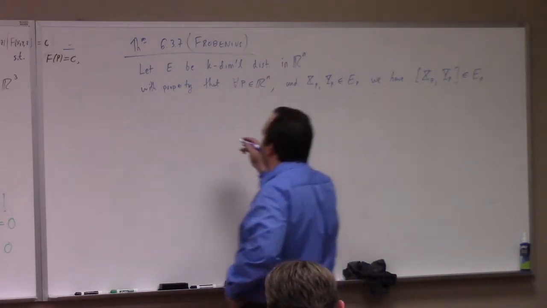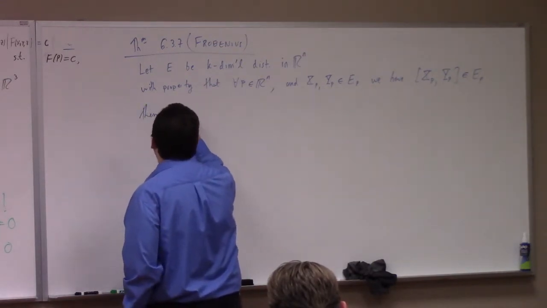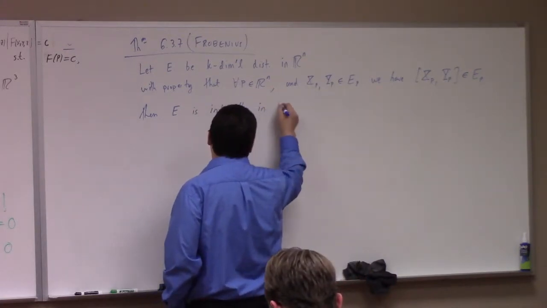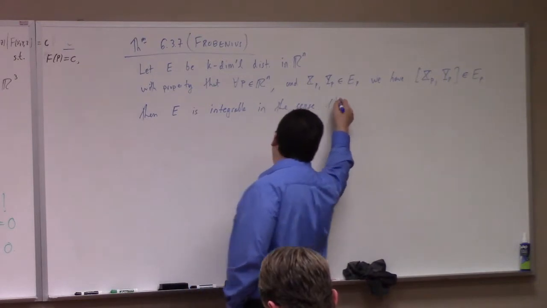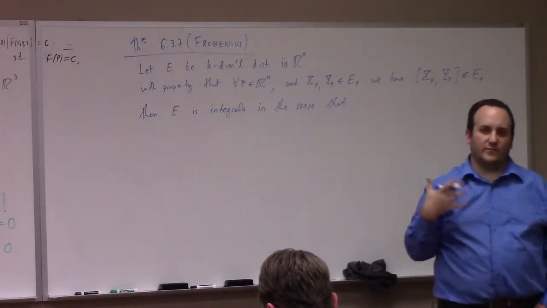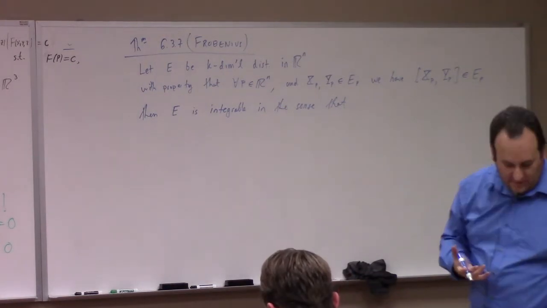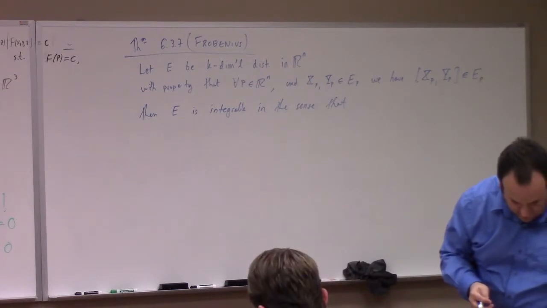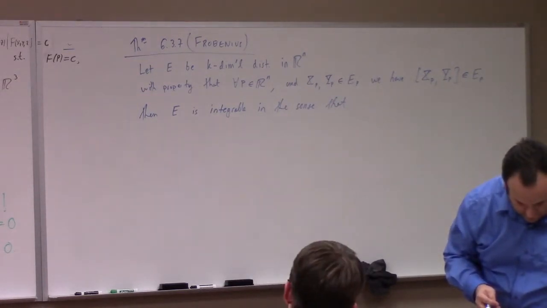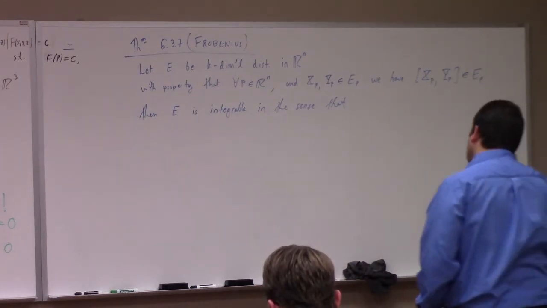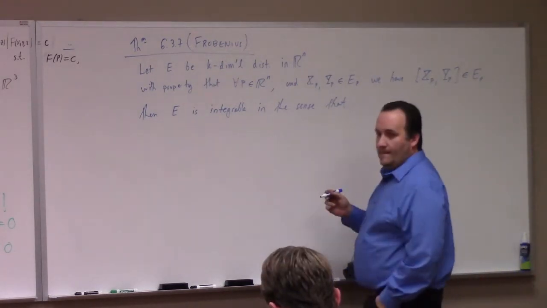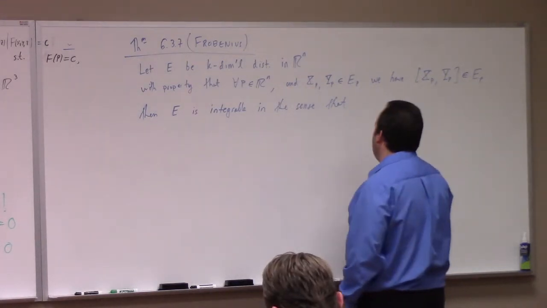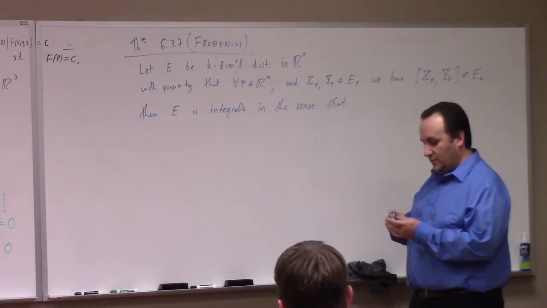Then E is integrable in the sense that... So what do I mean by E is a k-dimensional distribution? It's a k-dimensional set of vector fields. He has more technical jargon in the book, and I'll let you read that.